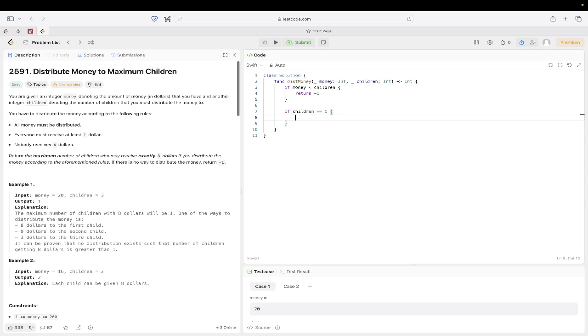So we also need to check here. The money has to be at least $1 and it can't be 4. So if money is equal to 4 or money is equal to 0, we'll return -1. Okay, no, we should make it if it's less than 1.